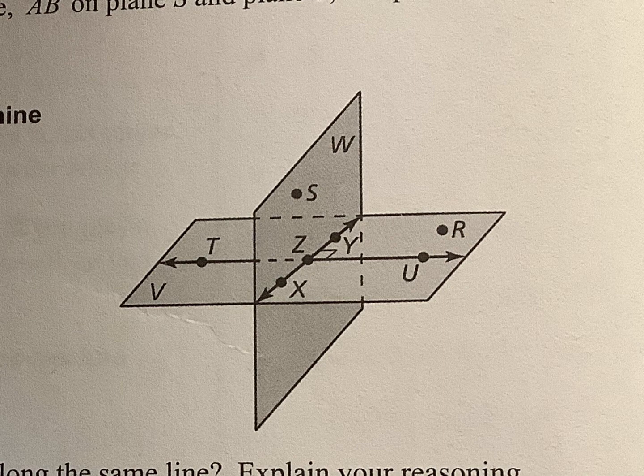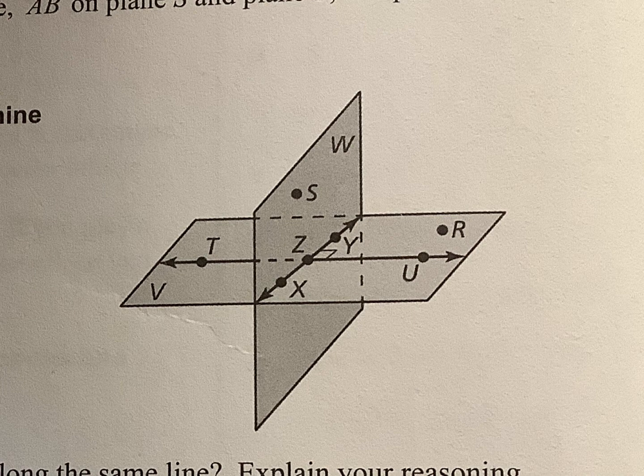Yes or no? What postulate is that? The plane intersection postulate. That's the one. So it's false because when two planes intersect, they form a straight line. And your straight line is right there. That is not TU. Okay? All right, next one.